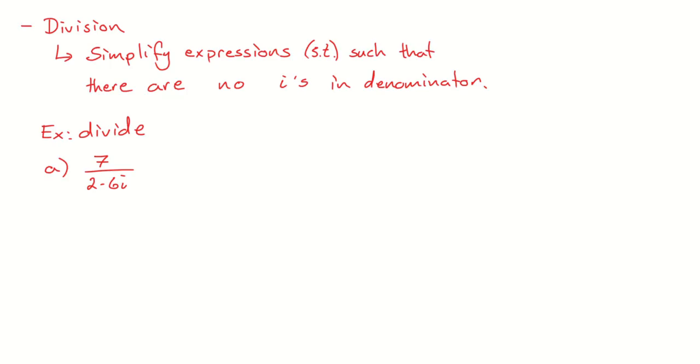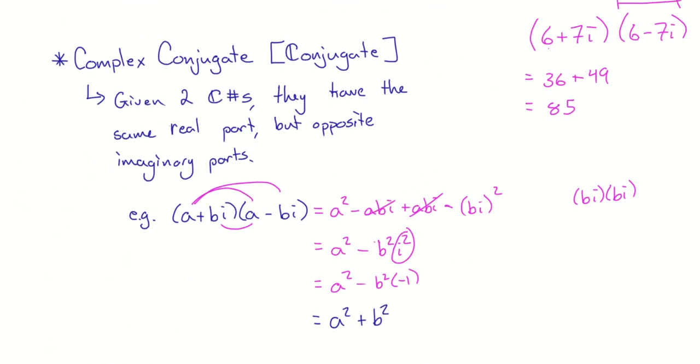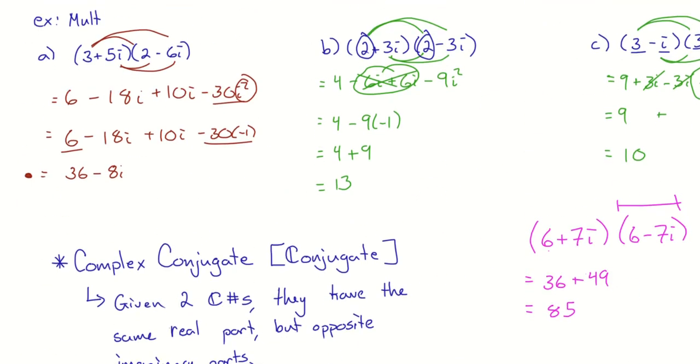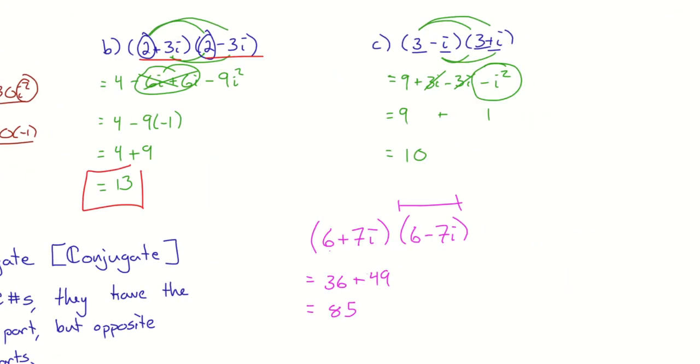If we multiplied something by its conjugate, like we did several times yesterday, here's a conjugate example. I had a complex and a complex with imaginary parts, right? Did my answer have any imaginary parts? No. Well, here's another one. A complex number and its conjugate. When we multiply them, does our answer have any imaginary parts? So it seems that if I can find the conjugate, we can get rid of the imaginary parts. Would you guys agree with that?